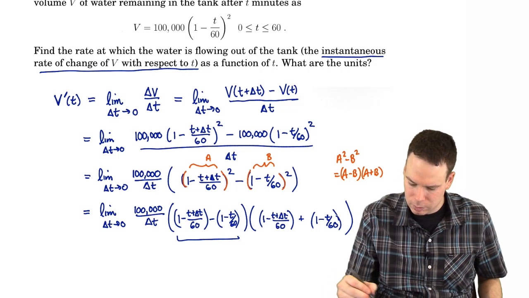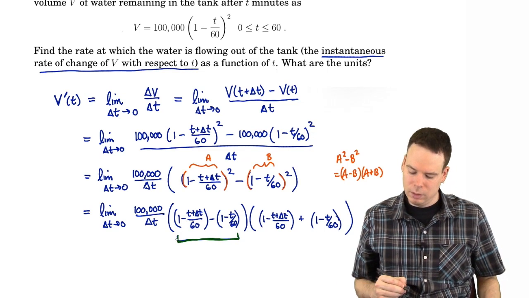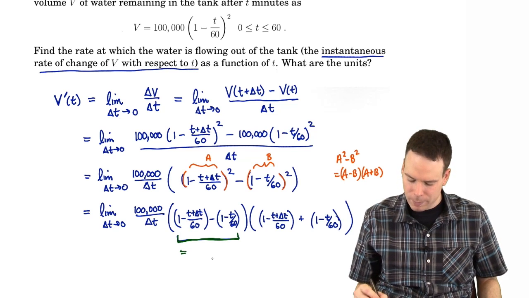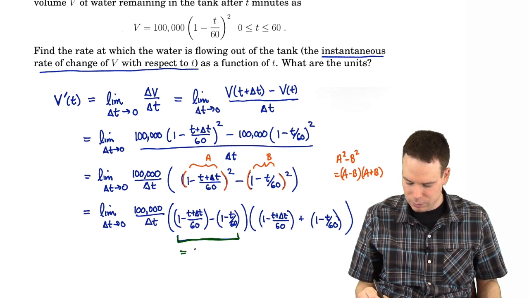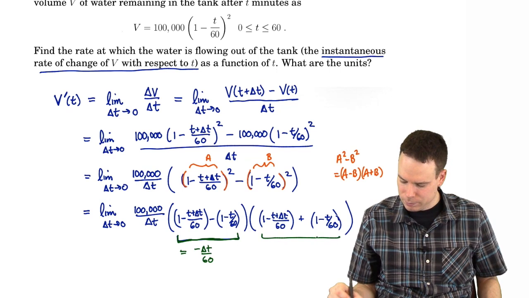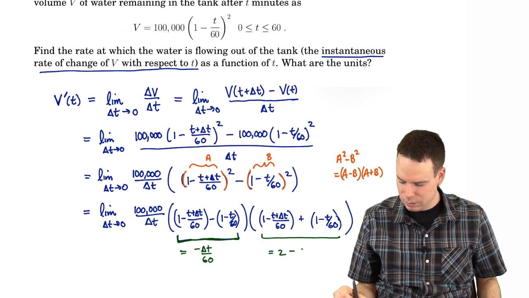I'm going to do this in a different color. They're sort of side calculations done on the side. We have 1 minus 1, that's 0. We have a negative t over 60 plus a t over 60, that's 0. We have a negative delta t over 60. And in this piece, I have a 1 plus a 1, so that's a 2. Negative t over 60, another negative t over 60, so that's negative 2t over 60.